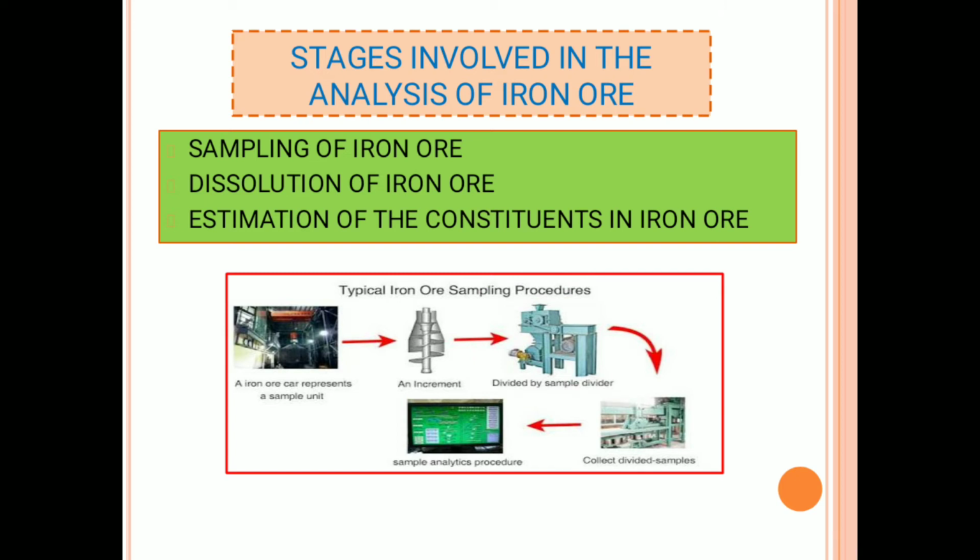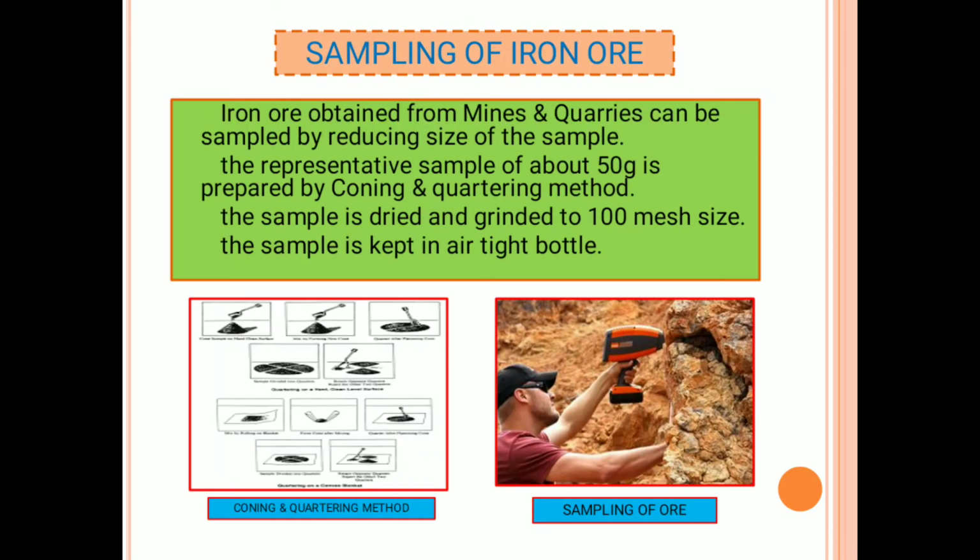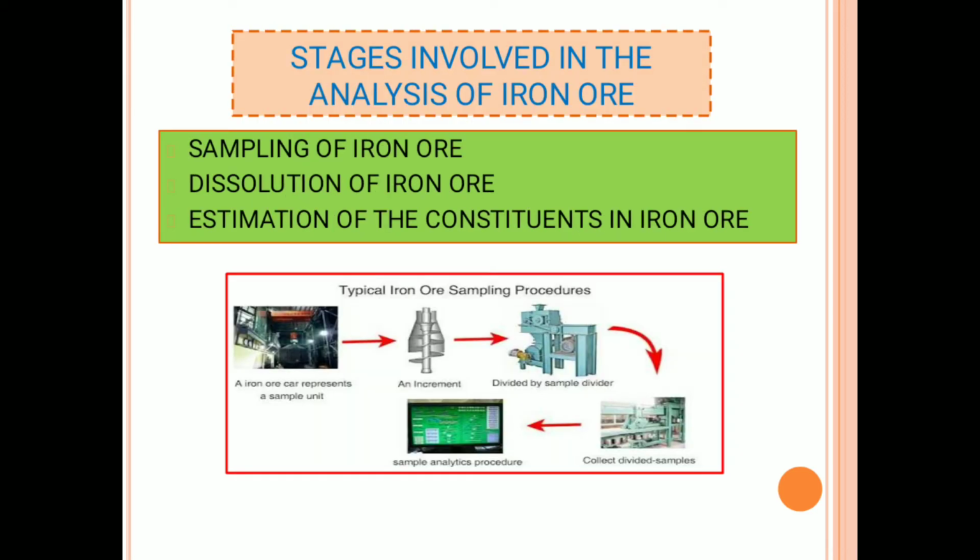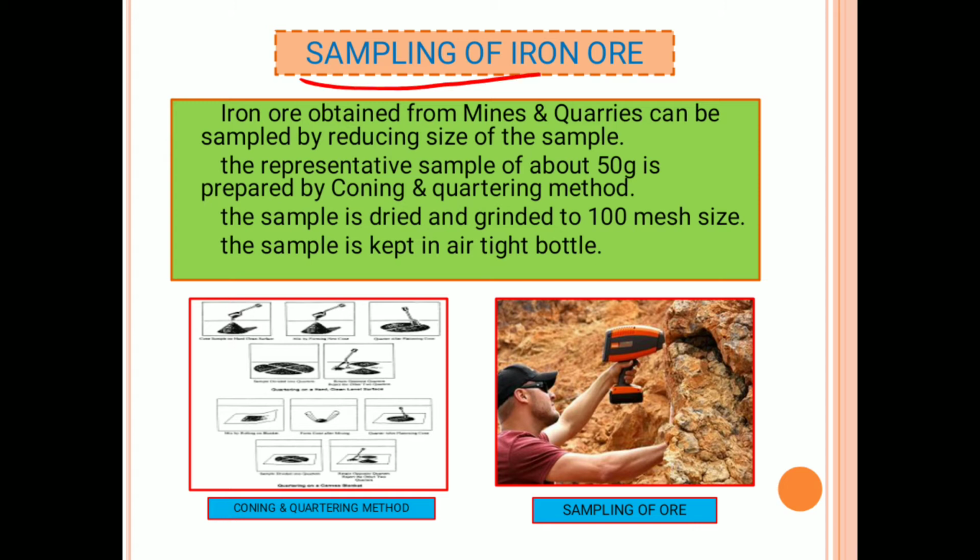After that, you need to collect the divided samples. The last stage is sample analysis. As you know, the first stage of the analysis is sampling of iron ore. Let us discuss this first stage, that is sampling of iron ore.